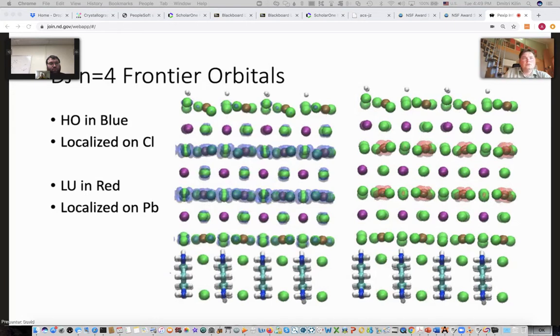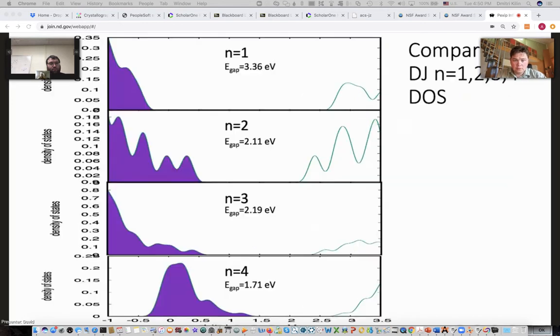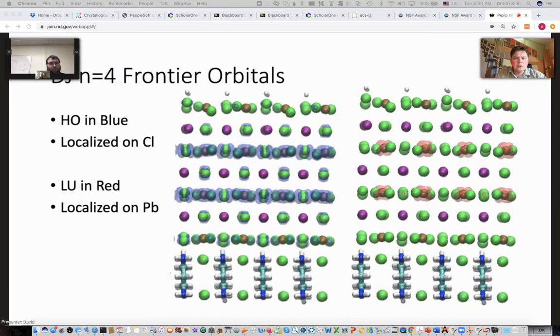Where in the other ones, we actually had some density even on the chlorines that are interacting with the organic layer. Okay. So in the organic layer, are those halides coordinated to the lead? Yes.